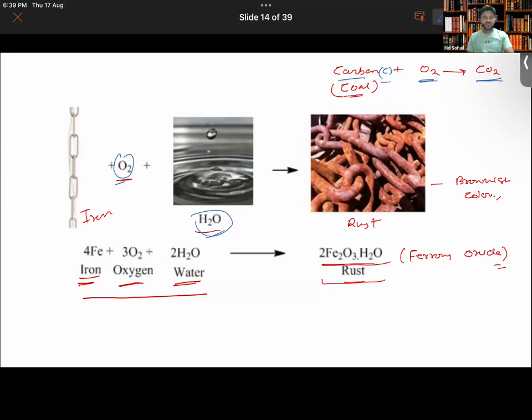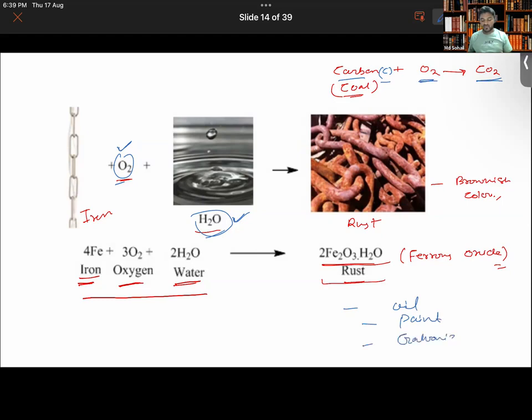Yeah, I was telling you, in order to prevent the iron object from rusting, whatever things we are doing, we are basically eliminating the contact of the iron object with oxygen and H2O. We need to ensure that the iron object does not react with oxygen and water. For that purpose, we might either apply a layer of oil over it, paint it, or do galvanization.